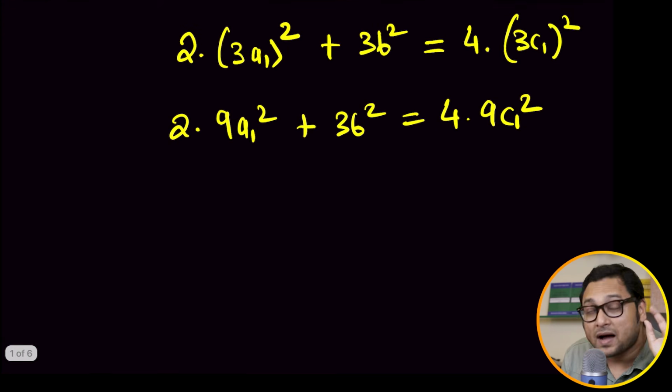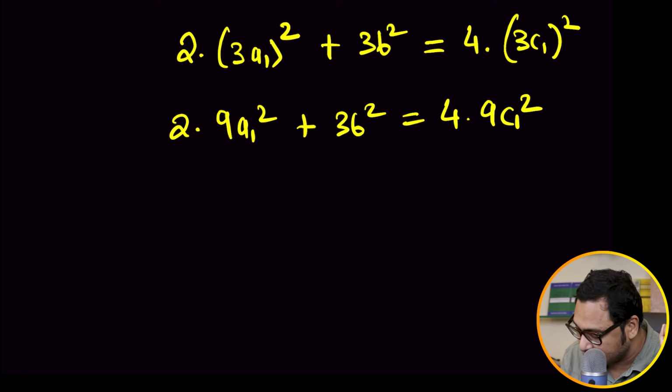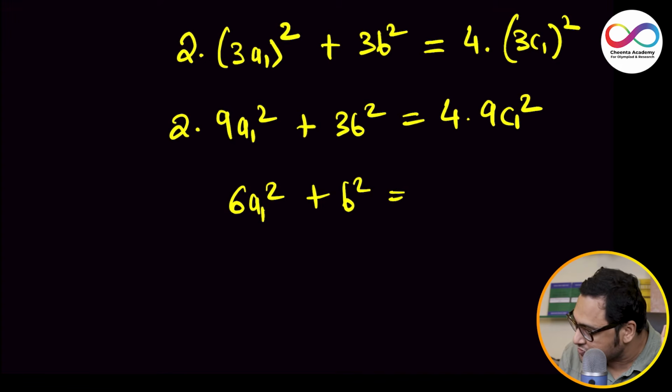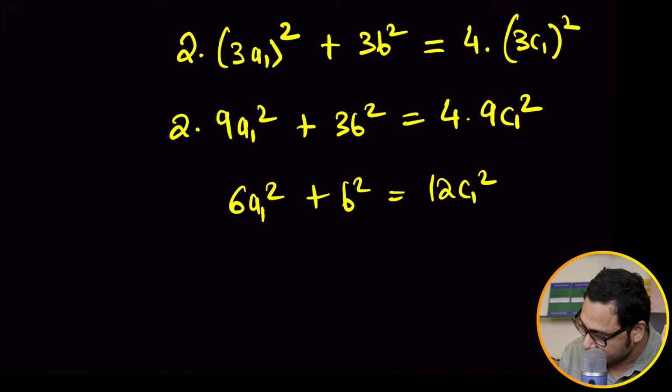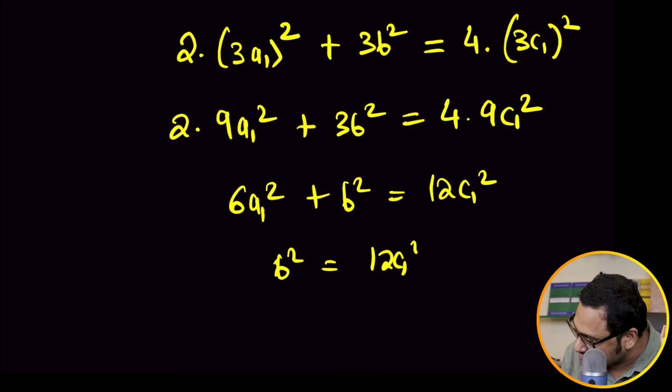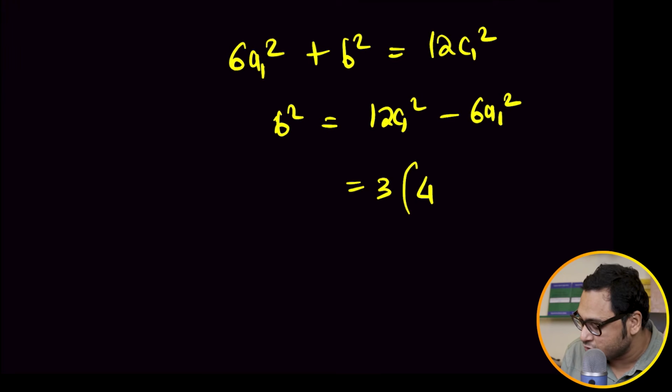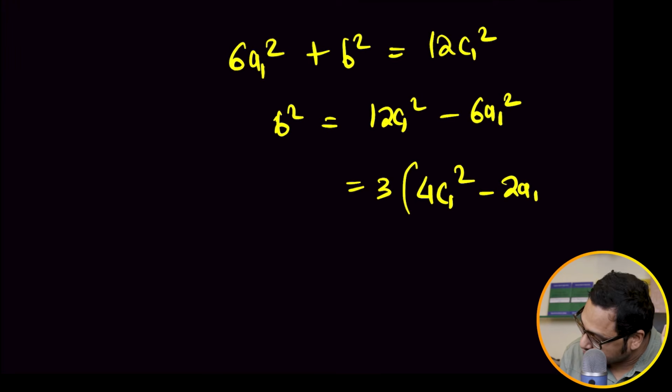I can cancel by 3 on both sides. So I have 6a1 square plus b square equal to 12c1 square. Let's bring everything to one side. b square equals 12c1 square minus 6a1 square. I can take a 3 common again. So 3 times 4c1 square minus 2a1 square.